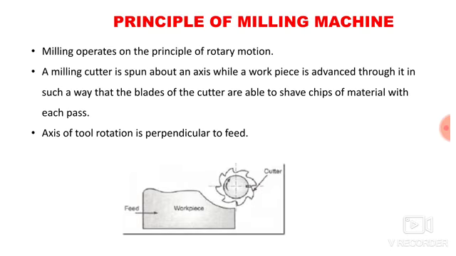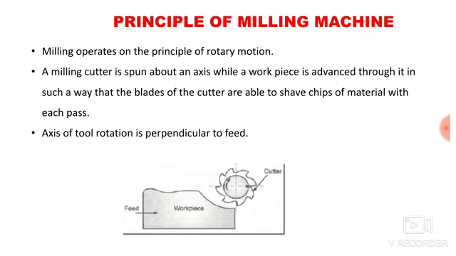So basically in a milling machine, one milling cutter is there which spins about an axis. If you are using a vertical milling machine, that milling cutter will rotate about the vertical axis, and if you are working on a horizontal milling machine, then the milling cutter will rotate about a horizontal axis, and then the workpiece is fed against the rotary motion so that the material is removed from the surface of the workpiece.